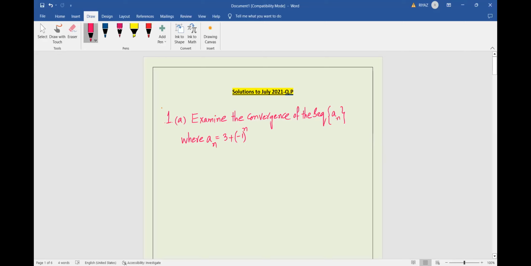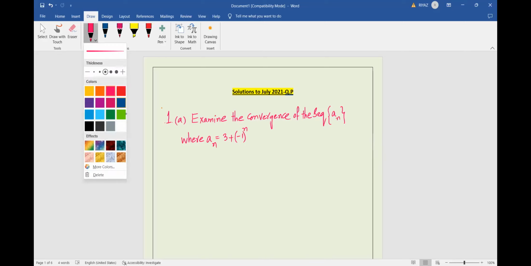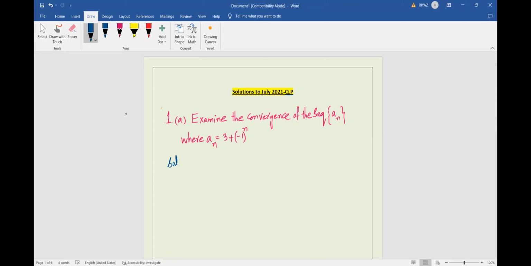So, writing the solution of this one. Examine the convergence of the sequence where the AN value is given already. So let us see the solution.